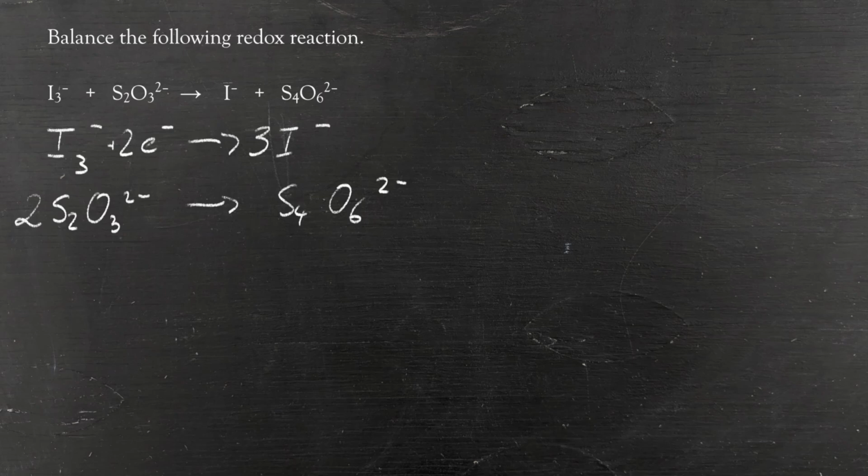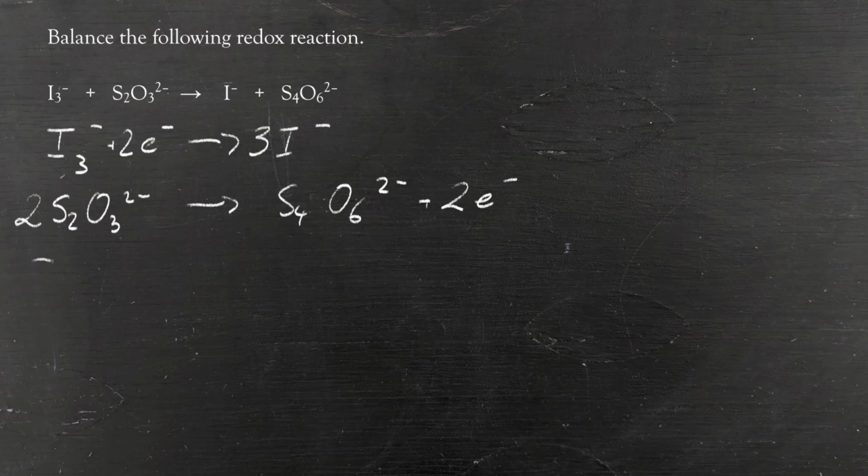We have a -4 charge on the left and only a -2 on the right. So we have to add 2 electrons. This time, each of our half reactions involve the same number of electrons. They each have 2 electrons, so we can just add them together as they are.